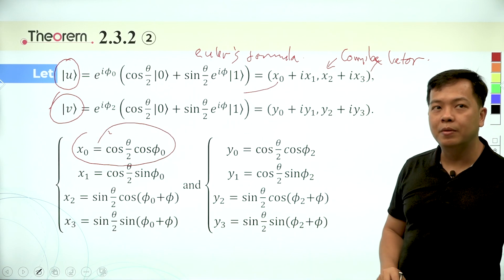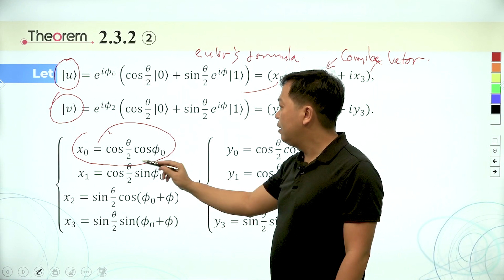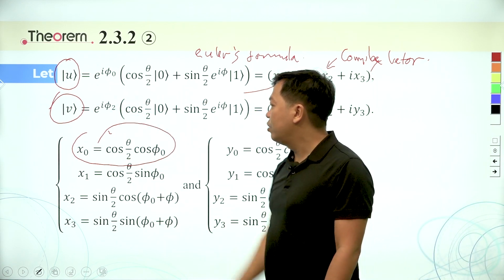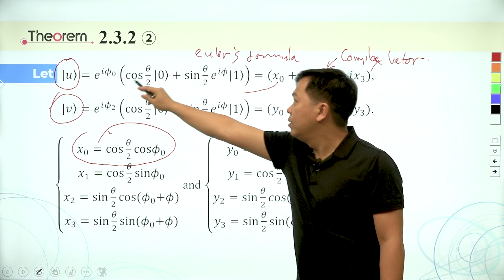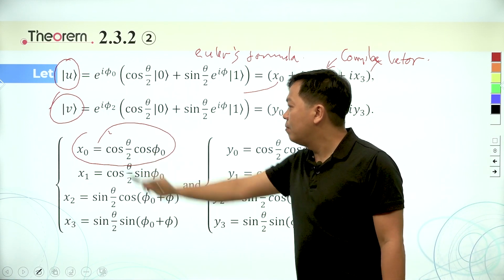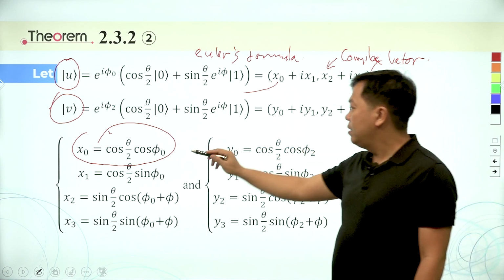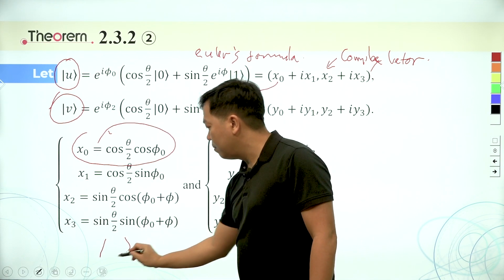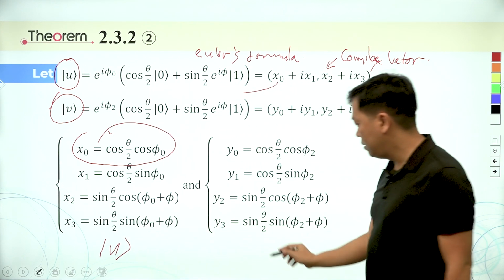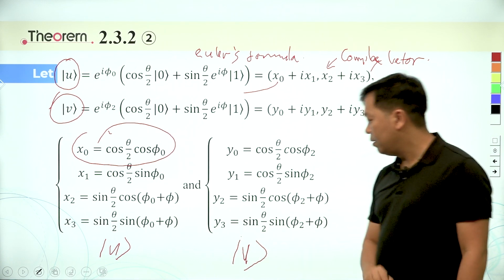This kind of value over here you can transfer to cos phi and cos theta over 2, and you can move it outside. Similarly for vector u quantum, and this is for vector quantum v.